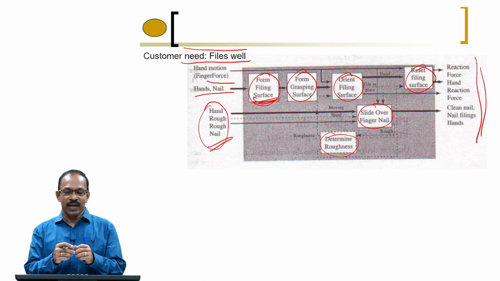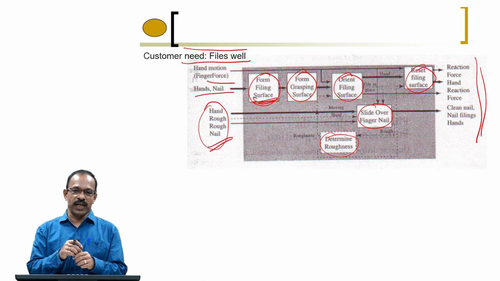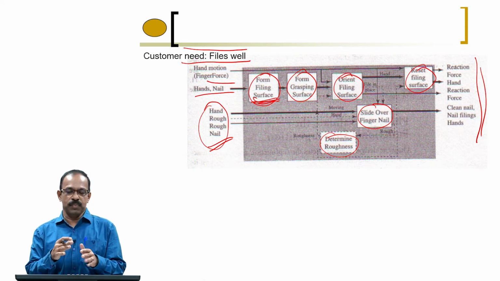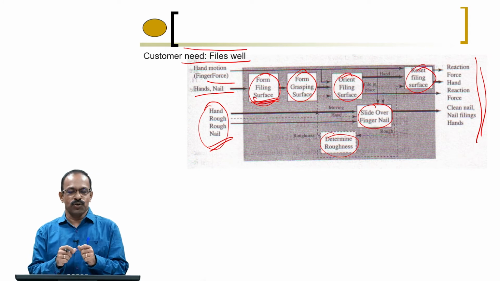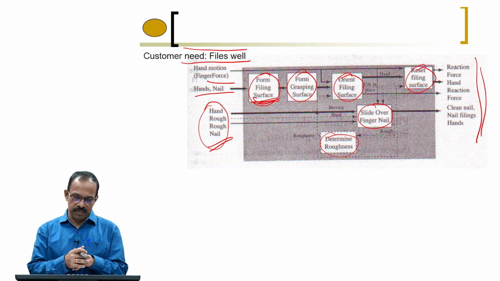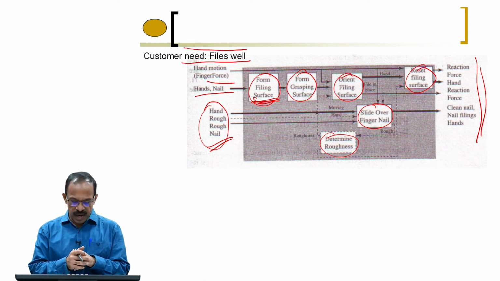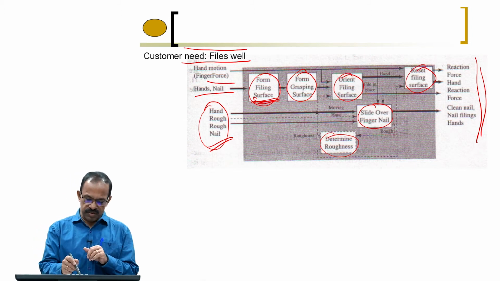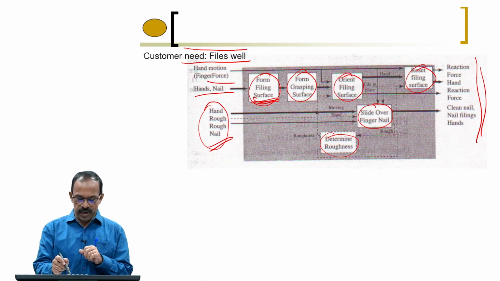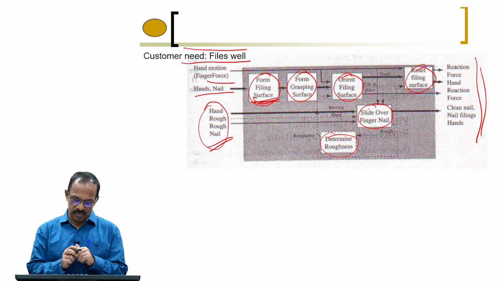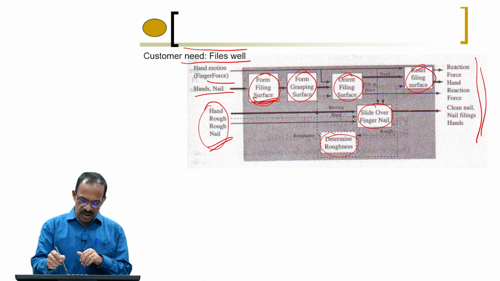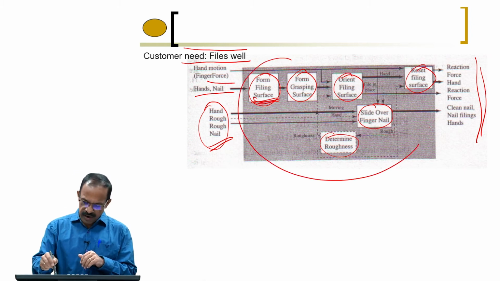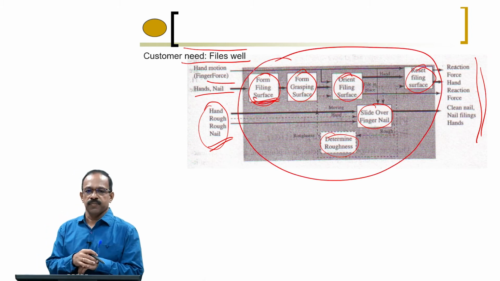The product will have the filing surface in some particular form, so you need to take it out or make it in a particular orientation and then do it. That is form filing surface, form grasping surface, and orient the filing surface to suit the filing, and then you move it for filing. So, these are the functions involved in filing the nail.